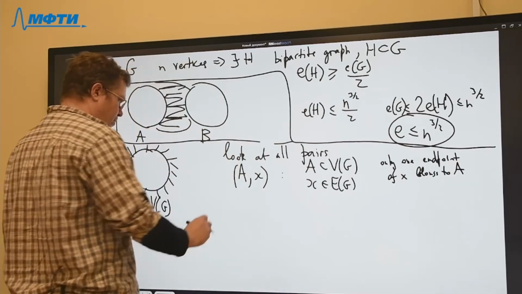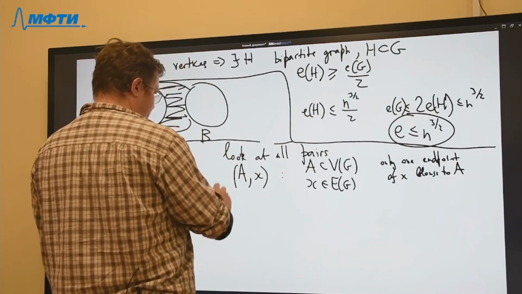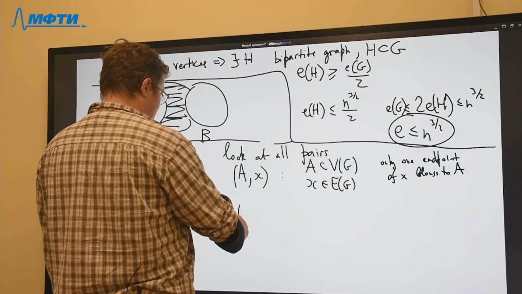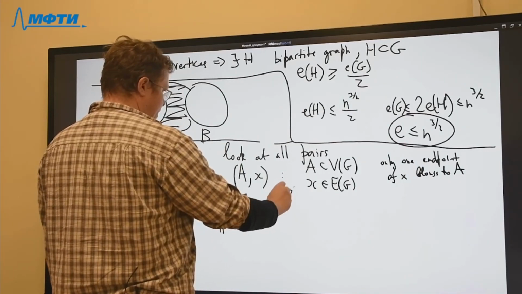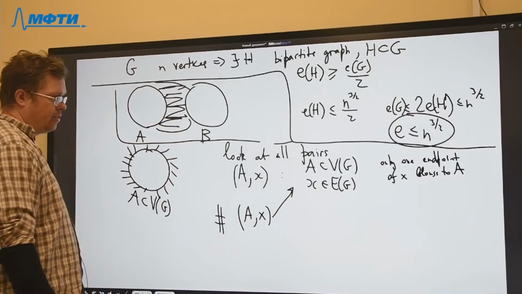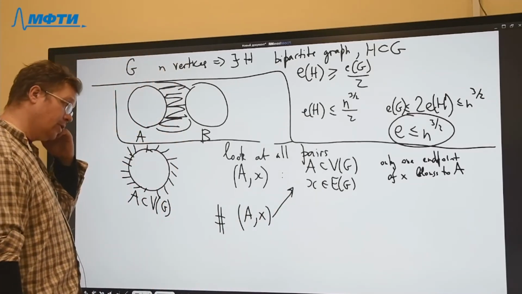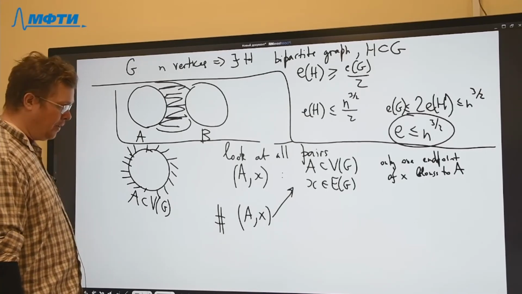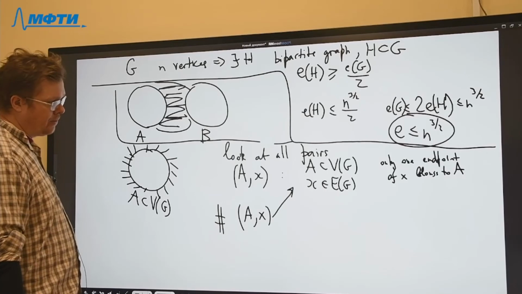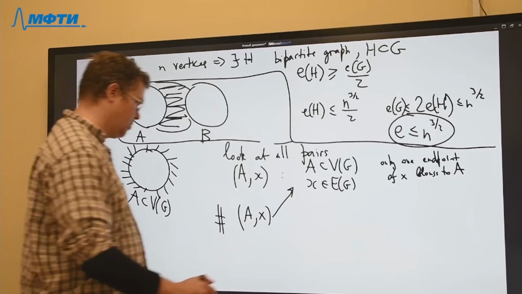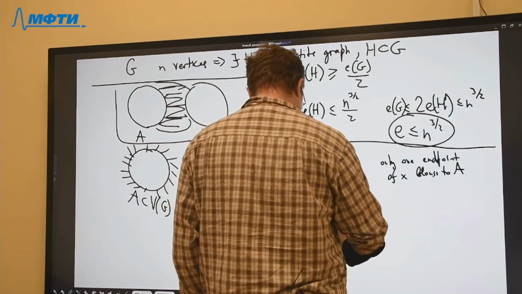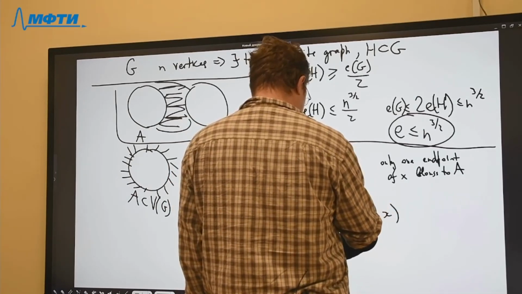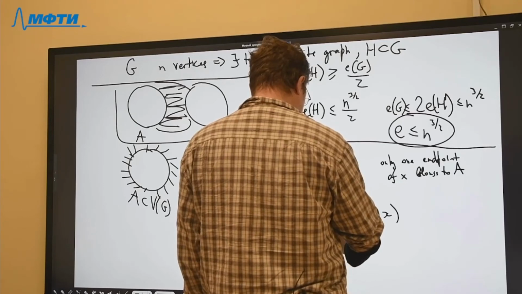Okay, so we have the set of all such pairs with this restriction. Let's calculate the number of all pairs. Let's fix the edge and sum over possible pairs where X is from the edges.